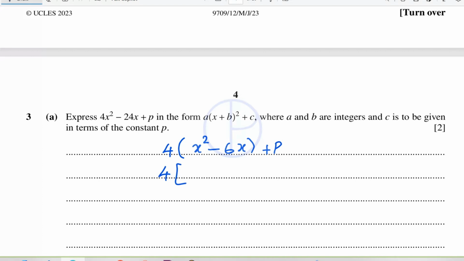Now to make this a perfect square, we need to add and subtract 6 divided by 2, that is 3. So (x minus 3) the whole square minus 3 square plus p. So 4 times (x minus 3) the whole square minus 4 multiplied by 3 square.